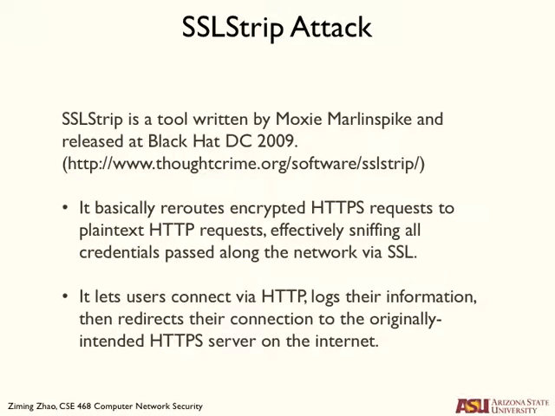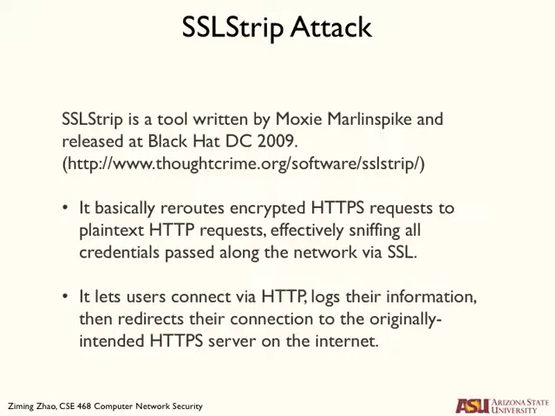Like all the security systems we discussed so far, TLS is not perfect. There are ways to breach it. There are ways to bypass it. In 2009, a hacker released at Black Hat a tool called the SSL stripping tool.